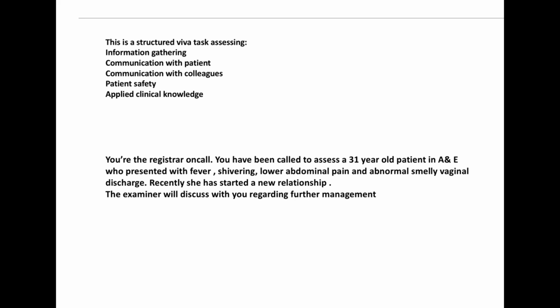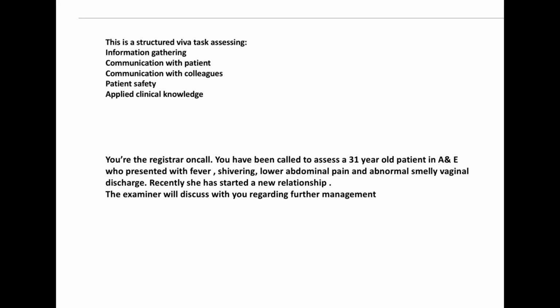Then the next question will be, what data from examination do you need to know about from this patient? Generally we need to take her observations, which are the vital signs. So we need to take her temperature, her blood pressure, her respiratory rate, and her pulse. Why is the temperature very important?